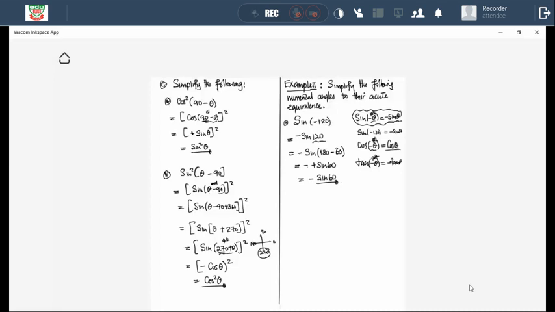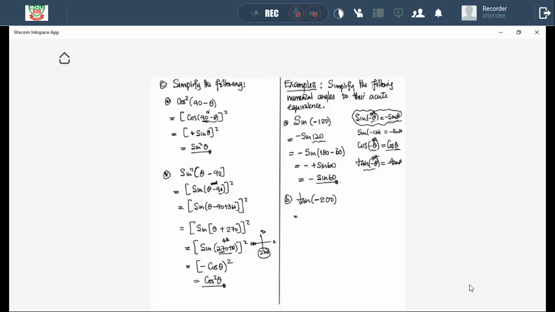Whenever you are given a negative angle, look at B. I've got tan negative 200. First, this is a negative angle.